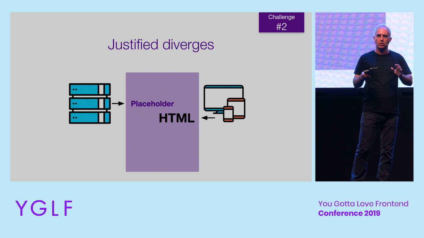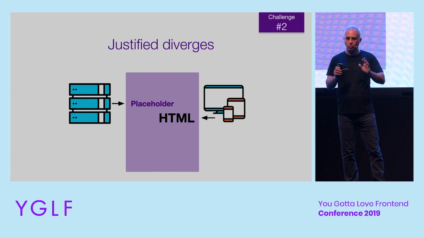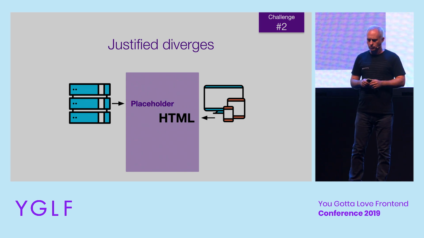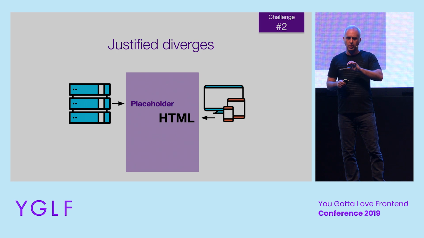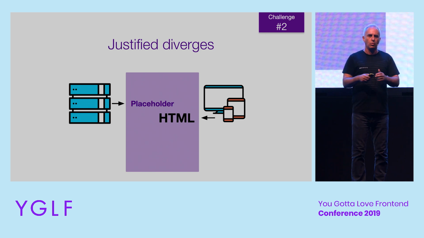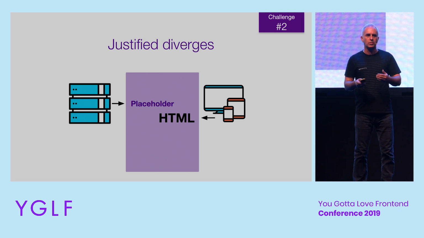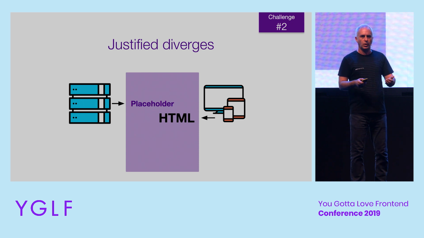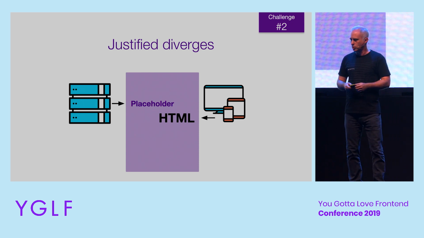It's kind of disconcerting to see something flash all of a sudden with a different value. So it could be a spinner maybe, or even a blank area with no content, and that content is then filled in later when the client does its own work.